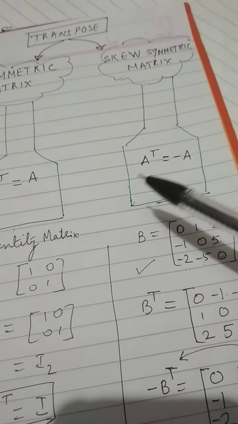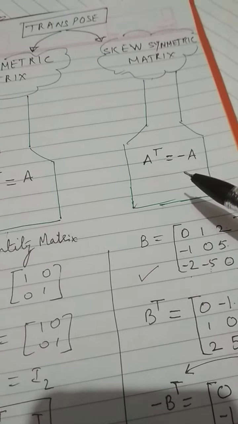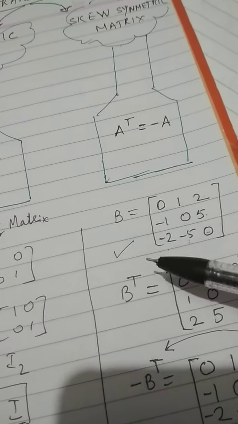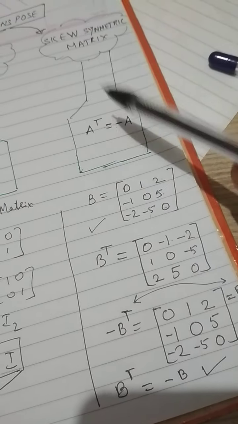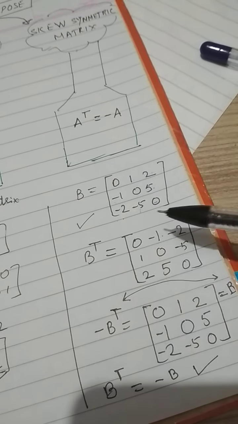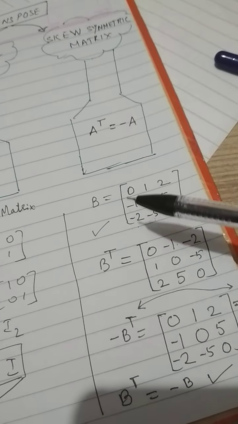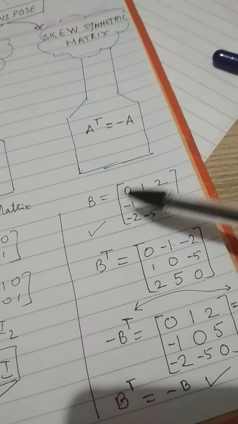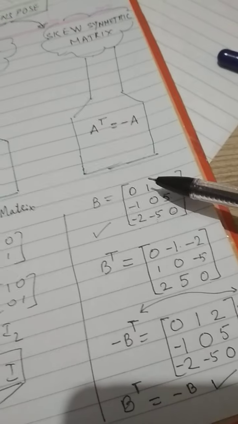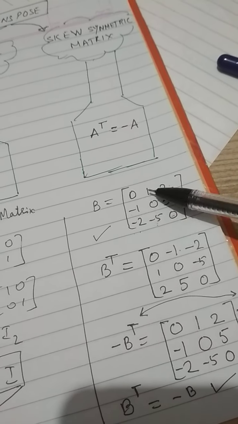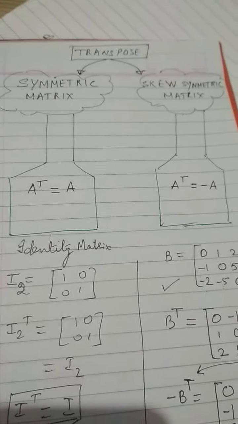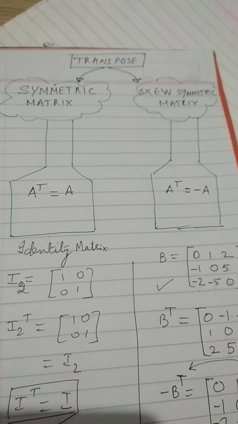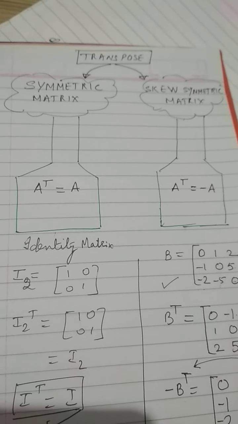And for a skew symmetric matrix, the transpose of the matrix is equal to the negative of the original matrix, as we have seen in this example. In a skew symmetric matrix, all diagonal elements are 0 and the elements across the diagonal are oppositely signed. Okay, so this is the basic concept. The properties of transpose can be discussed in the next video.